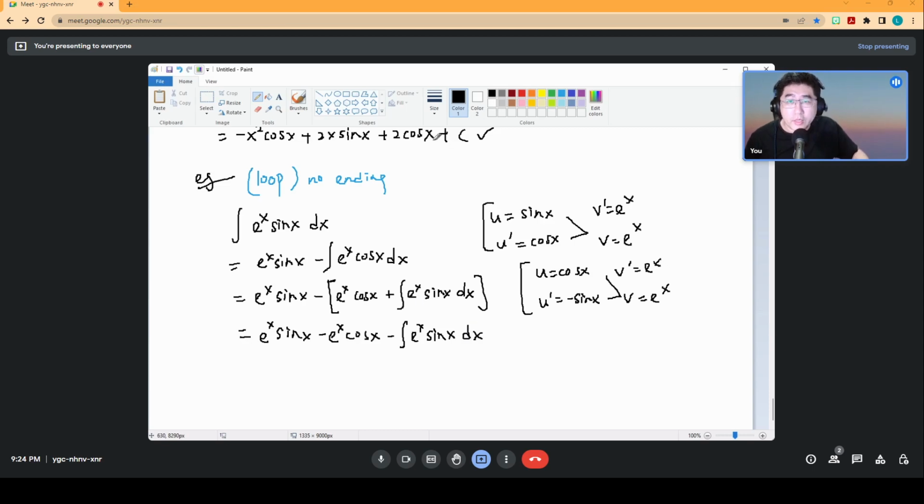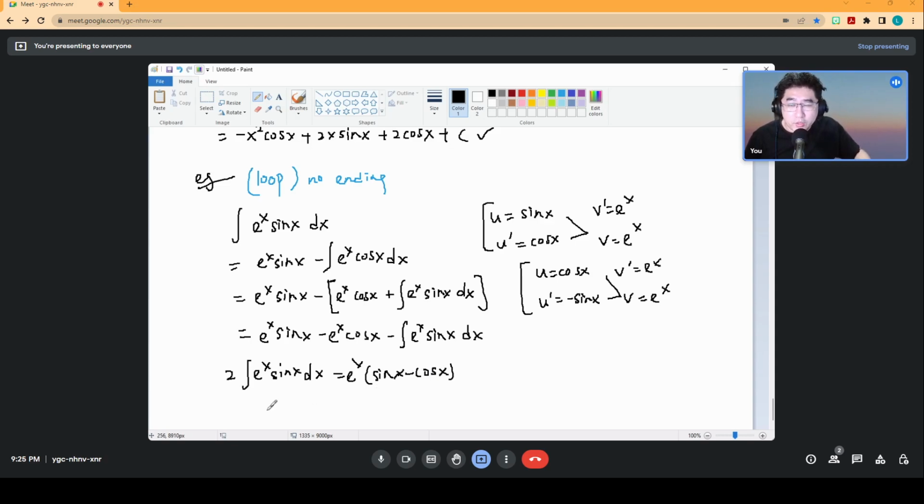You realize that this e^x sin x and the integral of e^x sin x are the same thing again. Does it mean I need to continue forever? This is what I meant by the loop. So there is a closed loop that you can observe. Since this one is minus, I can shift this entire thing to the left side. I have 2 times the integral of e^x sin x, which gives us e^x of sin x minus cos x.